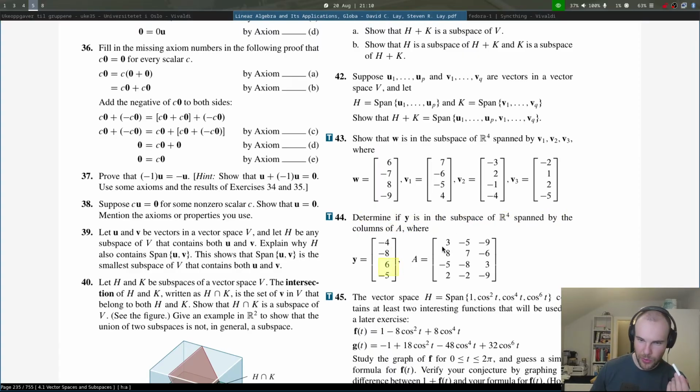You extend the matrix with y, and if you get a solution, then of course it's in the subspace. When you put it in, it's pretty painful. These are not nice values at all to work with. But that's the approach, and then you solve it.